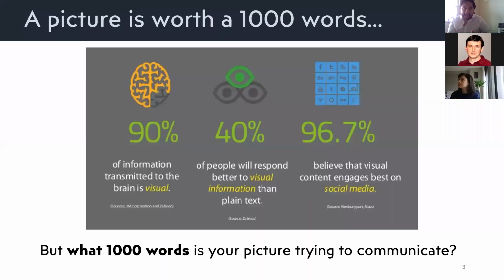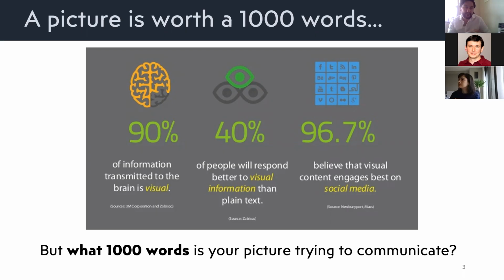So there is this saying that states that a picture is worth 1,000 words. We get most of our daily information through images. Our brain is accustomed to receive information in the form of images, so it's easier to convey information in this way.